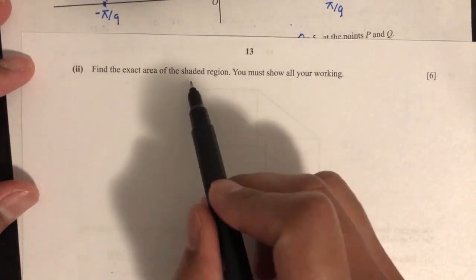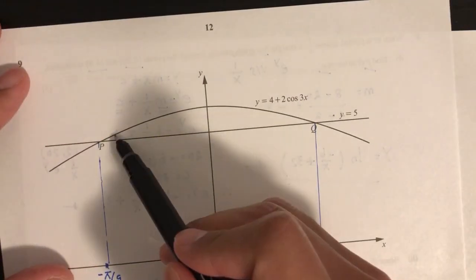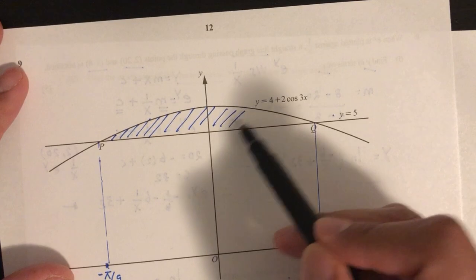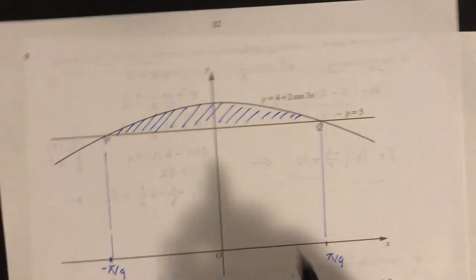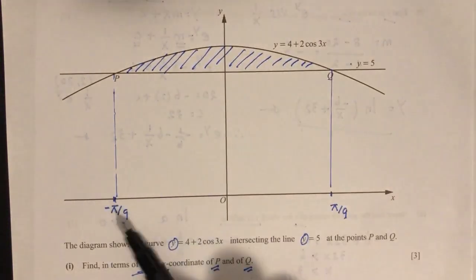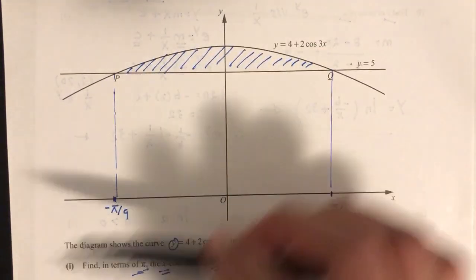So find the area of the shaded region. So we have to find this area. This is pretty easy. It is the area under this curve between those two axes minus the area of this rectangle.